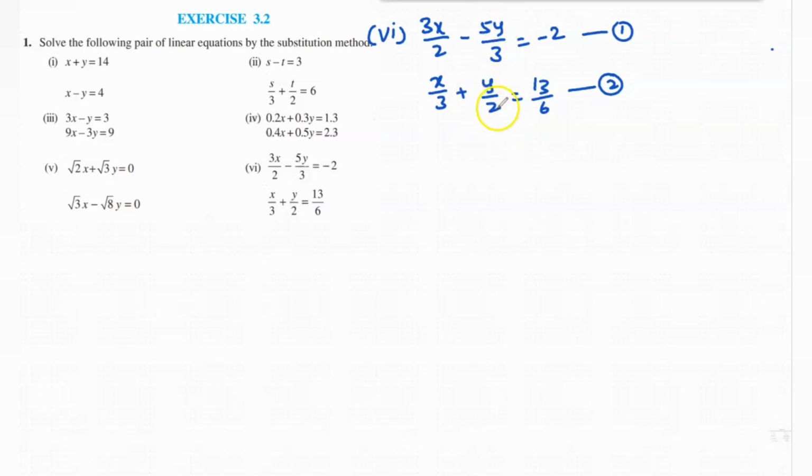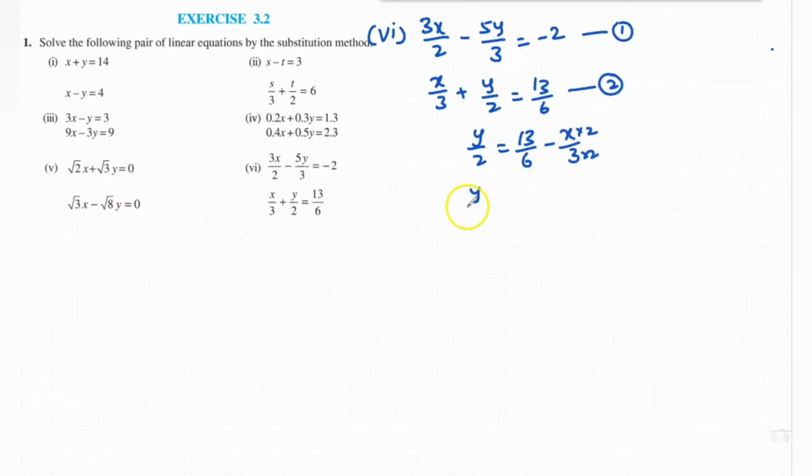So let us take the y value from this. Bringing the y value from equation 2, we will substitute that in equation 1. y by 2 is equal to 13 by 6 minus x by 3, which I can write by taking the LCM of both denominators. I'll make it the same by multiplying by 2 here.